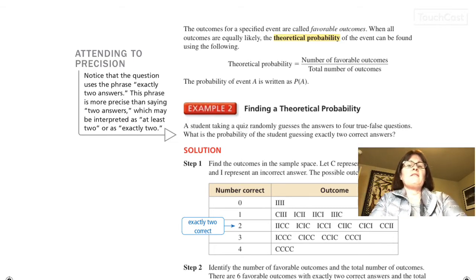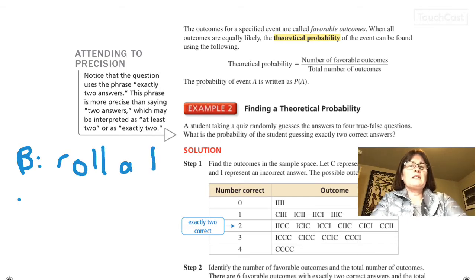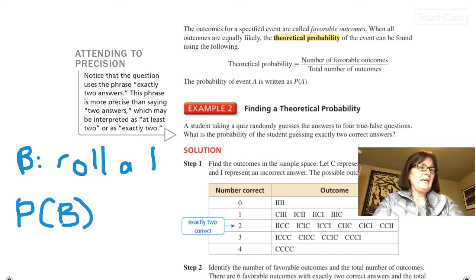So if I said event B was like roll a die and roll a 1. Here's my notation. I say the probability of event B, so it's a capital P, and then in parentheses, the name of the event we're talking about.